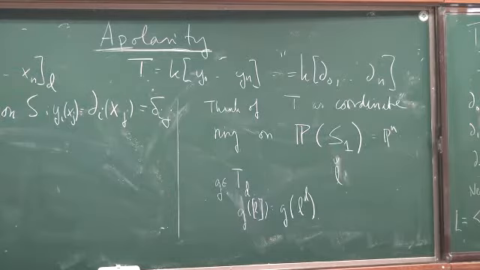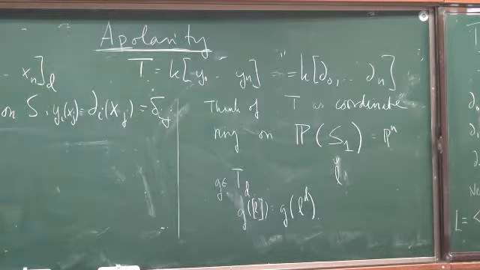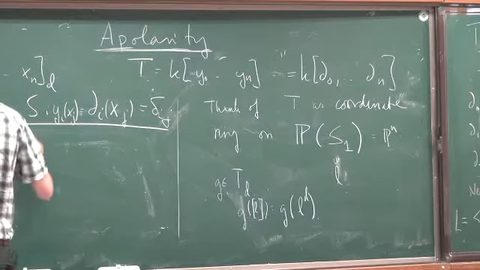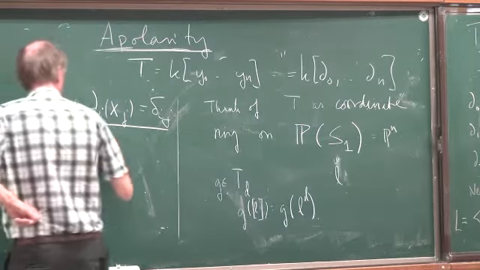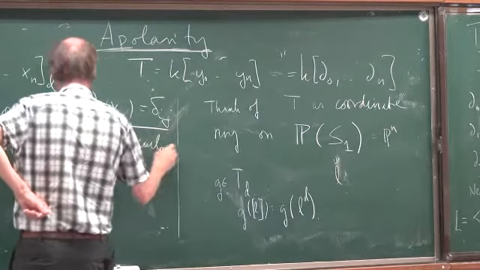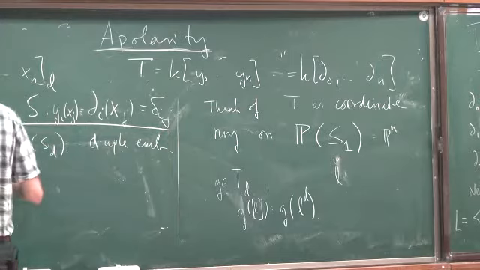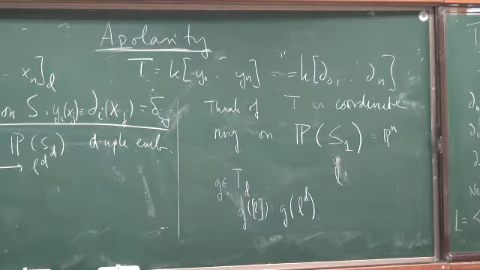because if we think about the kind of situation that we've been looking at, then you have P of S_1 inside P of S_D as a D-uple embedding, namely taking L to the dth power, right?